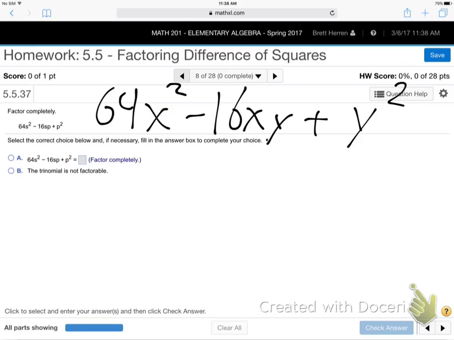What's the first question in every factoring problem? What do they all have in common? Check to see if they all have an X, or they all have a Y, or they all have a number. Show me what that is.